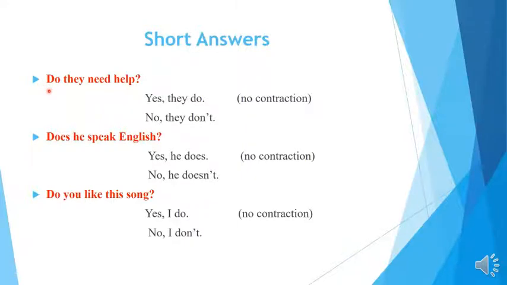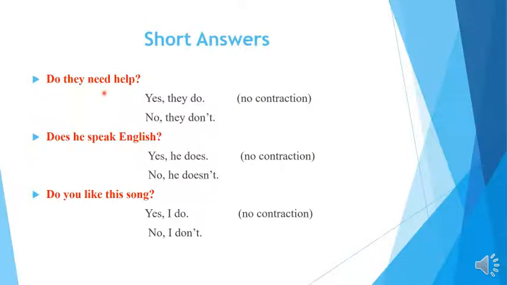If you want to give the short positive answer, we say, yes they do. And if you want to give the negative form, no they don't. Positive answer is, yes they do. Negative is, no they don't.